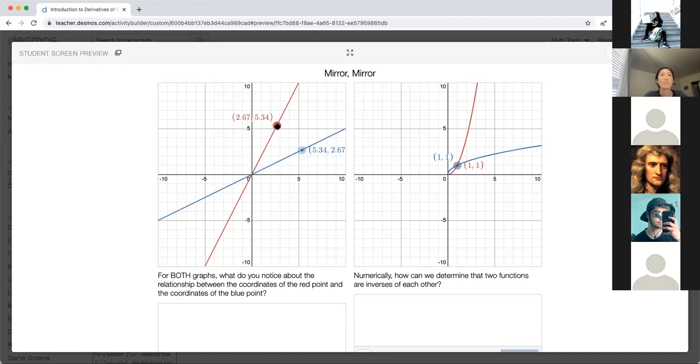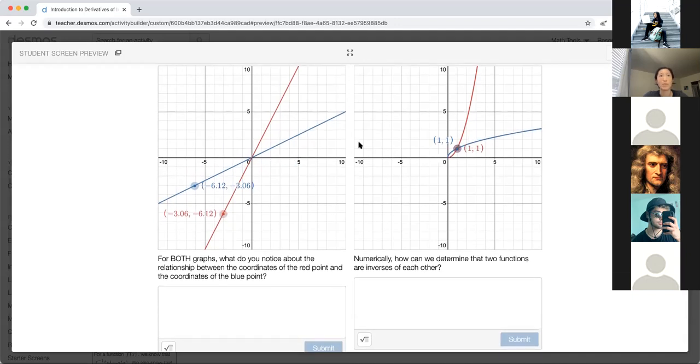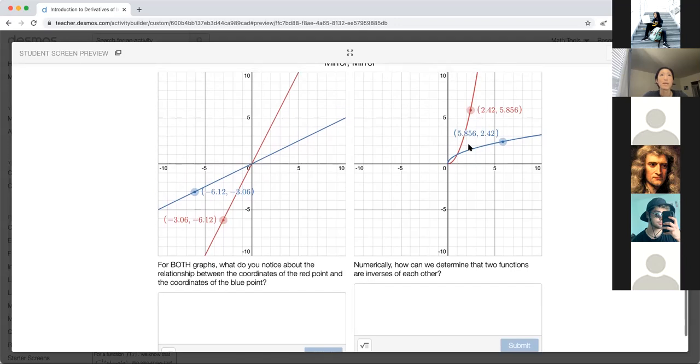And if you drag the red one, the blue one also moves, okay? So play around with that for a little bit. You can play around with that on the linear graph, or you could play around with that on this other graph over here on the right.